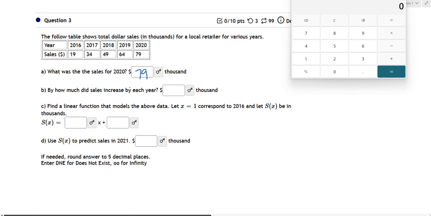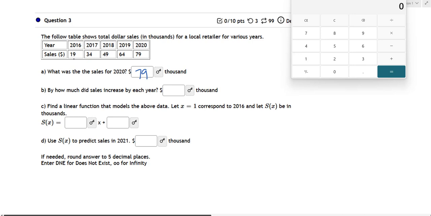How much did the sales increase by each year? I feel like that's missing a comma, but what was the increase each year? Since we're in chapter 4, it's probably going to be a constant increase.